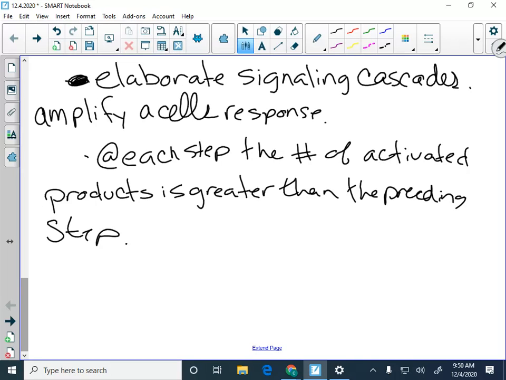And in that way, it can amplify a cell's response, so we don't need a million signaling molecules in order to turn on what we need to turn on for a cellular response. So that's signal amplification. Any questions?